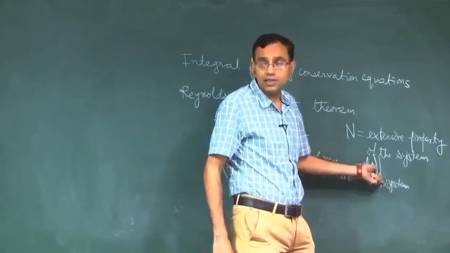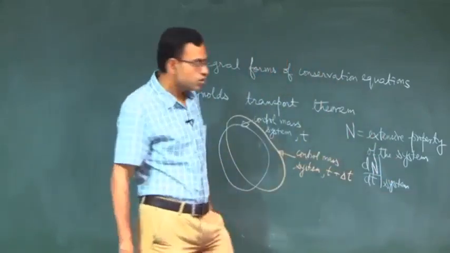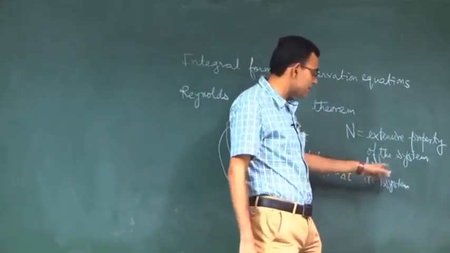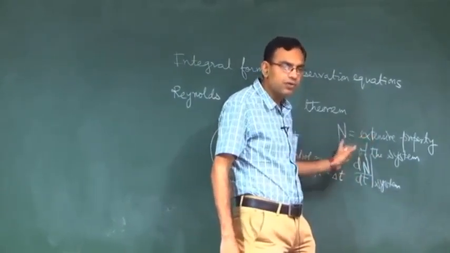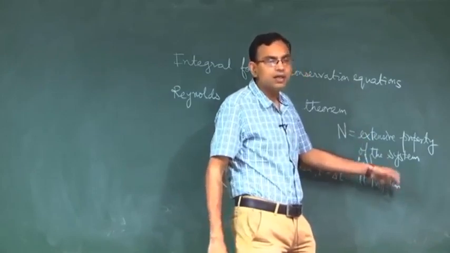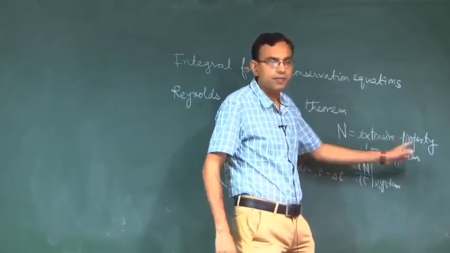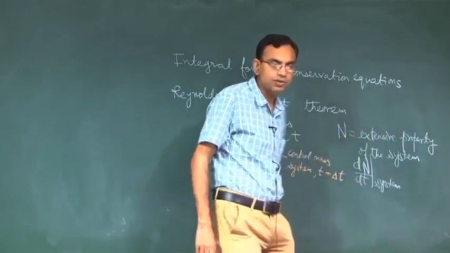There is no law which tells that total mass within a control volume remains conserved. So if we can express the system conservation law, for which the foundations are already there, in terms of the control volume conservation, there will be some correction terms, and those correction terms we will establish through the Reynolds transport theorem.